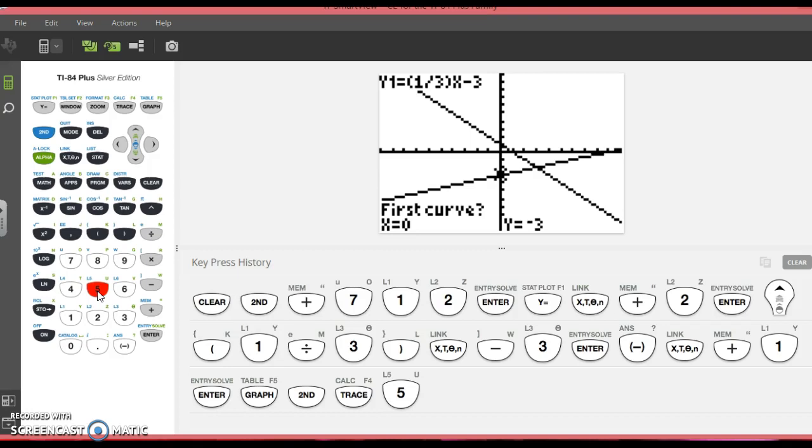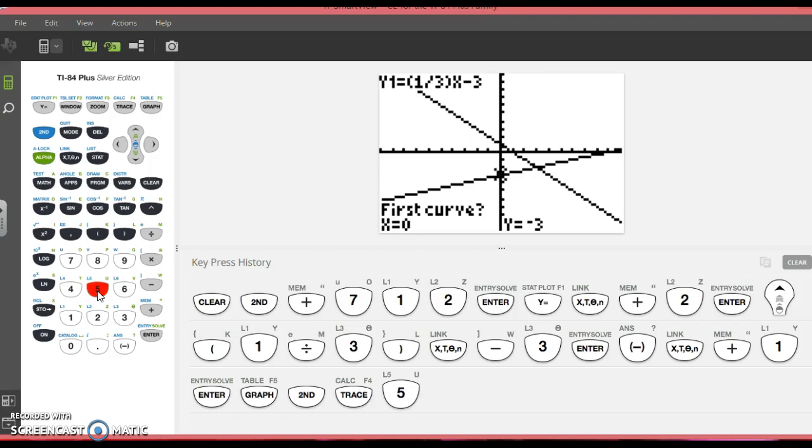Okay, so hit graph. I think you might have changed the line color. I don't know. We'll look at it.